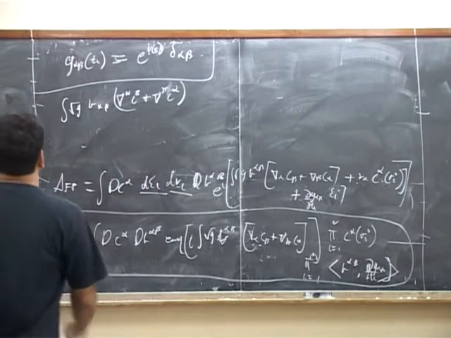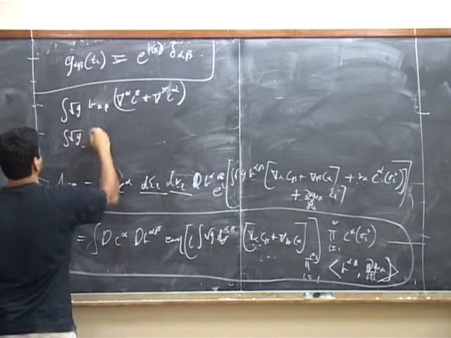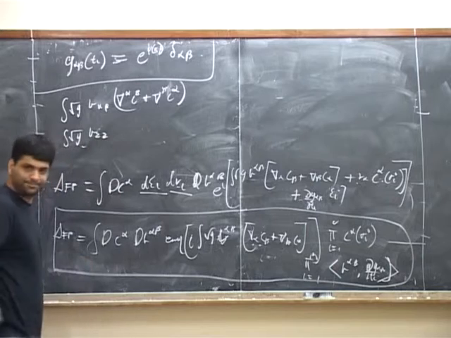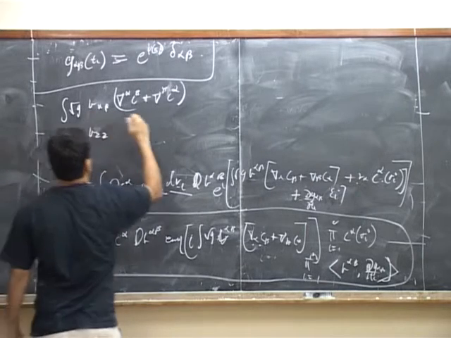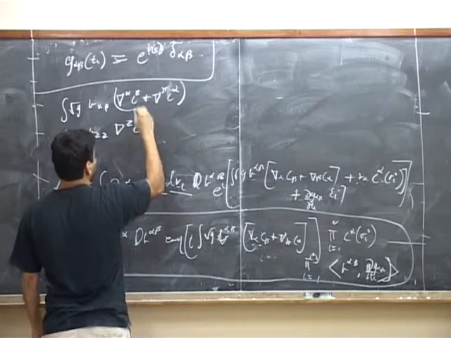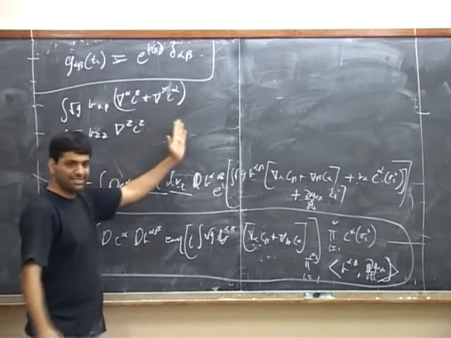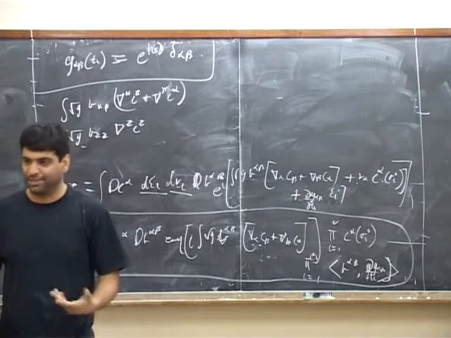So, let's work out what this is in coordinates. This is the integral of square root G B Z Z del Z C Z, with some factor of 2 because these two things are the same, plus something else with Z replaced by Z bar.